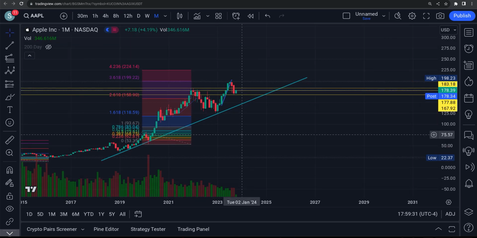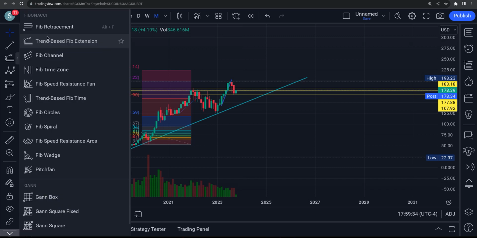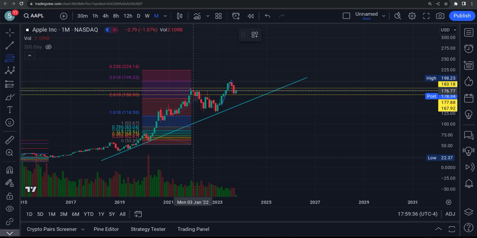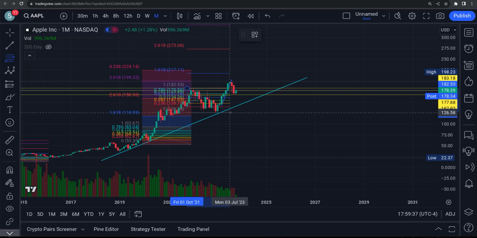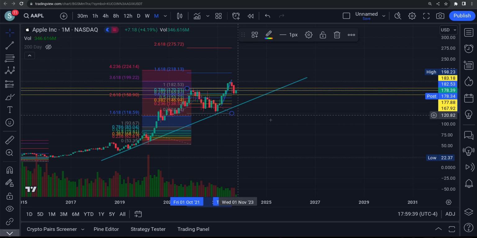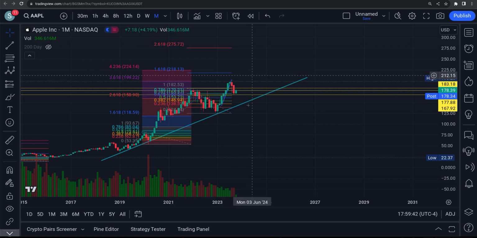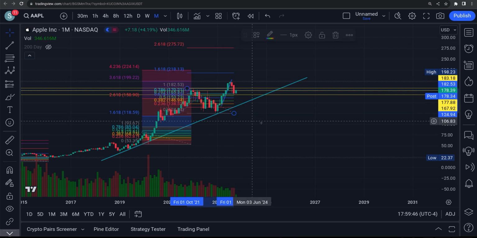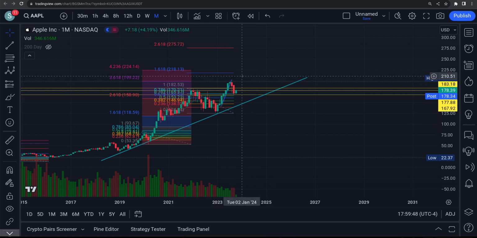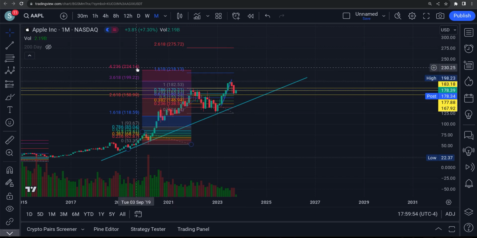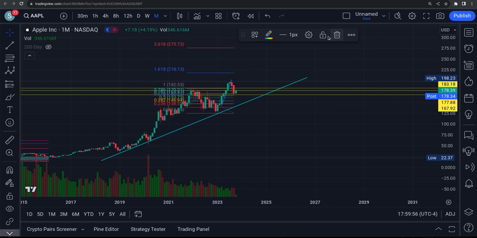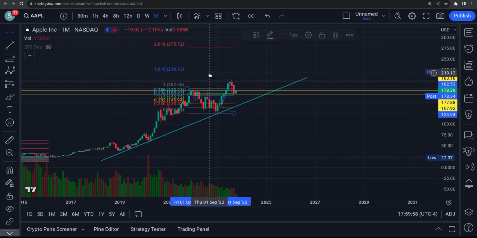Okay, now the other one that we had, and these things are pretty accurate. Okay, really are. The 1618, pretty close to the same area. I think I actually had a little bit higher on that one, but. All right, 218. Let's call it 218 to 224. Both of these, you have this one giving a 224, this one giving a 228. So right around that area, I would be looking for a 5th wave here.